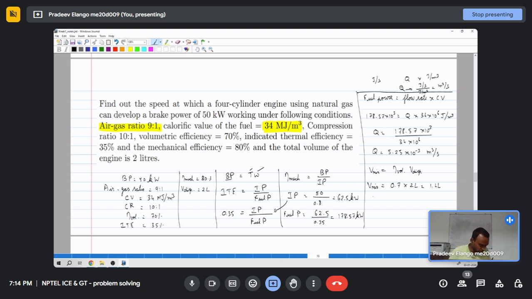Now V mix is some volume of air plus some volume of fuel, and this ratio is given as air gas ratio, that is 9, equal to volume of air by volume of fuel. So now we know V air is equal to 9 times V fuel.